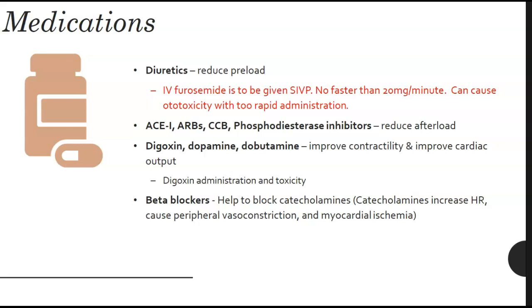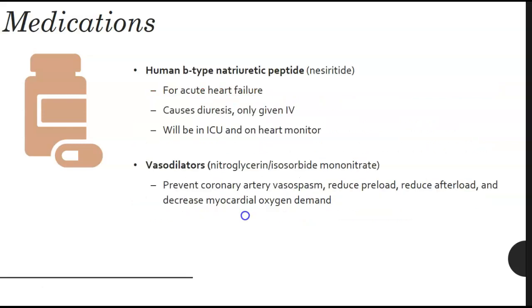Beta blockers help to block catecholamines, which increase the heart rate and constriction. And so those are going to be beneficial to counteract how the heart and body try to compensate. Sometimes they may give patients human B-type natriuretic peptide.